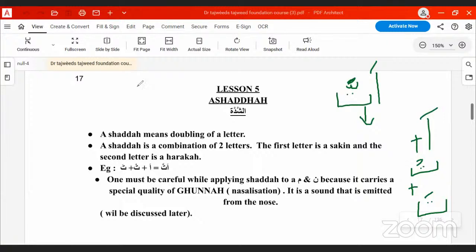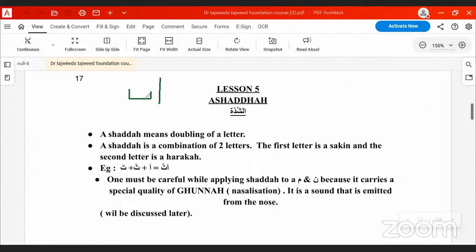Now, if the letter is ba, ibbi, if I'm writing like this, how do you split and write? E plus ba with a sukoon plus ba with a kasra.